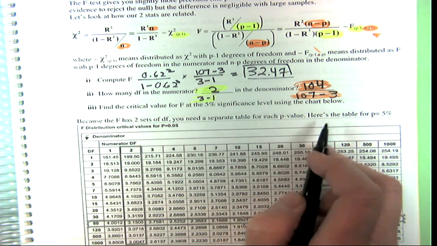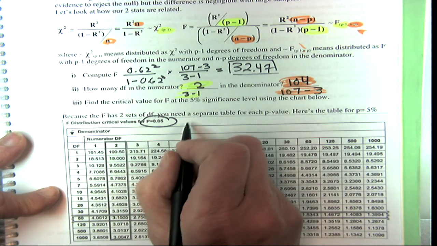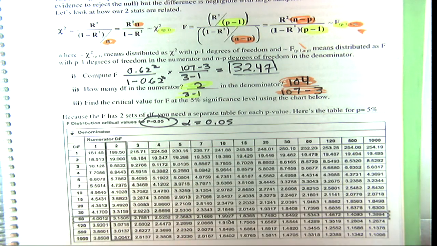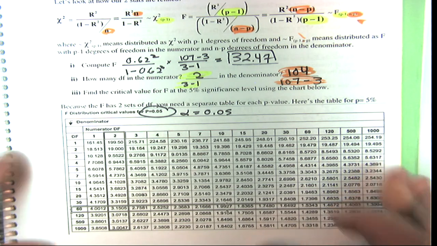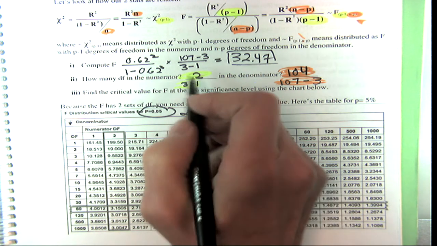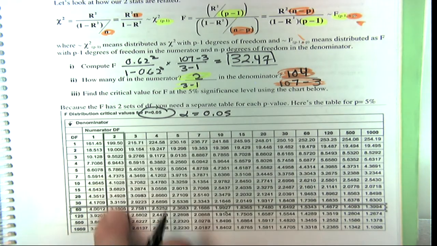This is the p-value, the probability, same as alpha equals 0.05 or 5%. That's just this one. So where do we look? Well, our degrees of freedom for the numerator is 2. So that's here, the numerator. So you want to look in this column.